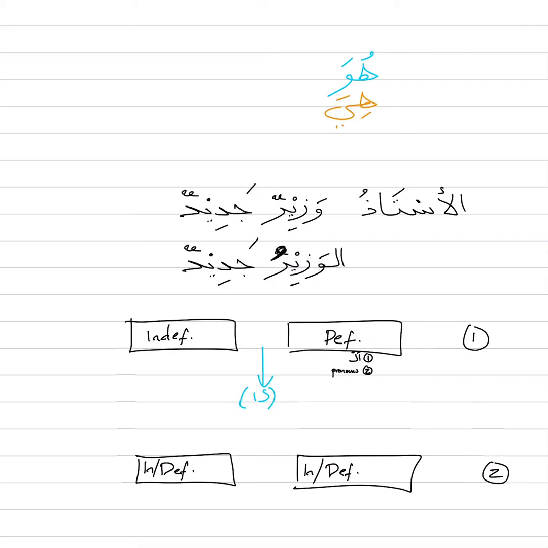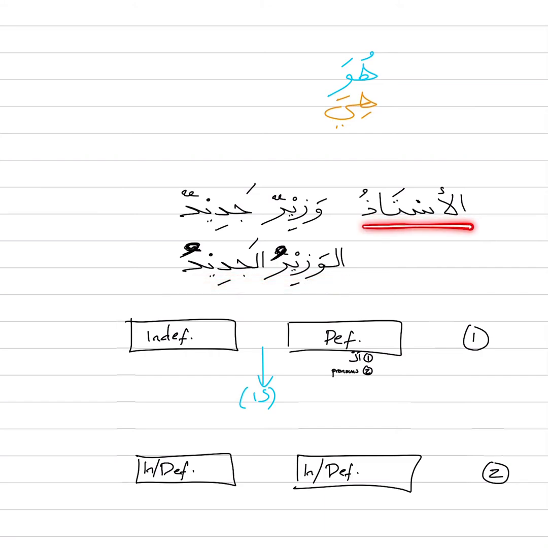And then jadidun, we have to change it because it's an adjective of this word. We have to change it to reflect the changes in the first word. So al-jadidu. So al-ustadhu wazirun jadidun has now become al-ustadhu al-waziru al-jadidu.